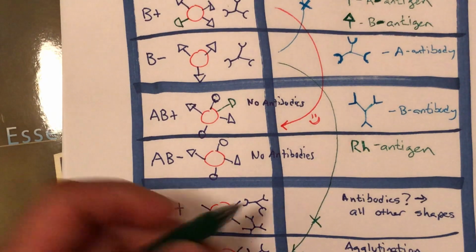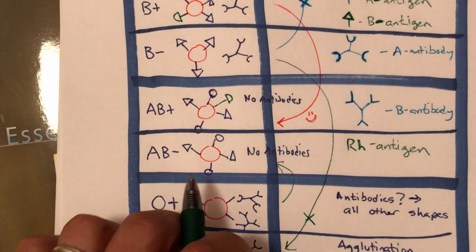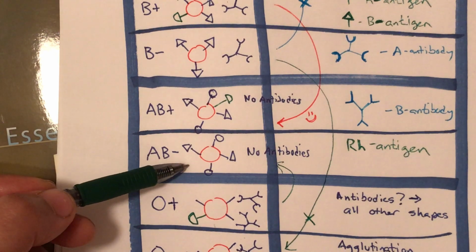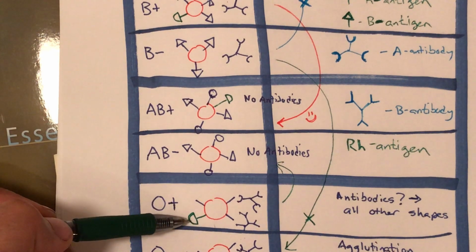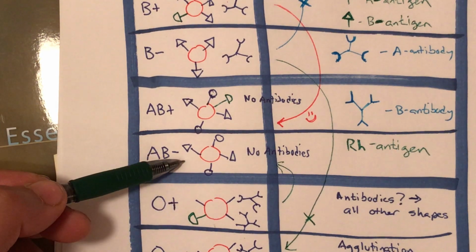What would occur if we did this? This person would start producing D antibodies until these are all gone, because this is foreign to this person. So this doesn't work.